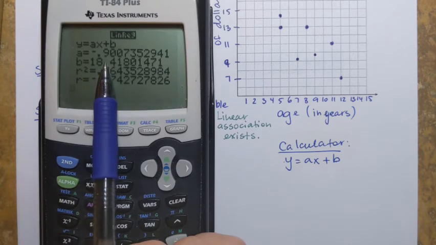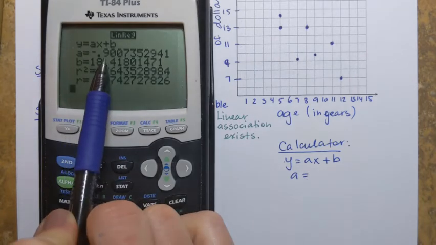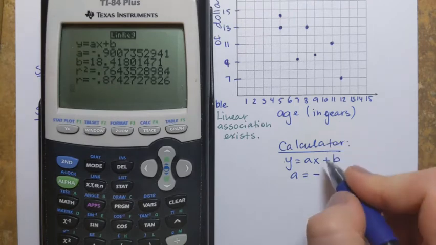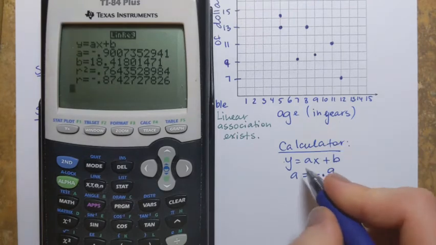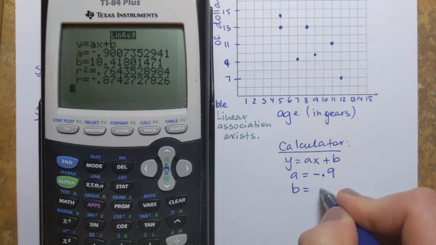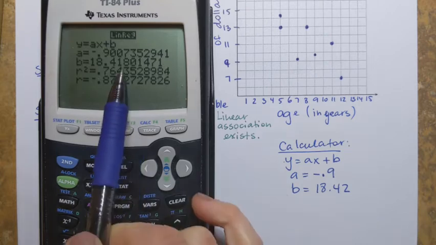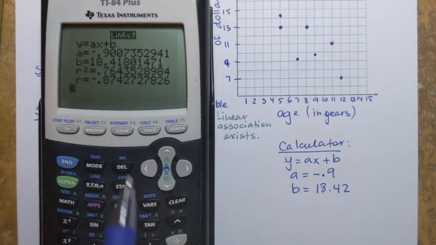I'm going to copy these values and I'll round them to 2 decimal places. The first one, a, rounded is negative 0.90, so I'll just say negative 0.9. And then b is 18.42, right? Since 8 follows 1, I have to round up, so 18.42.